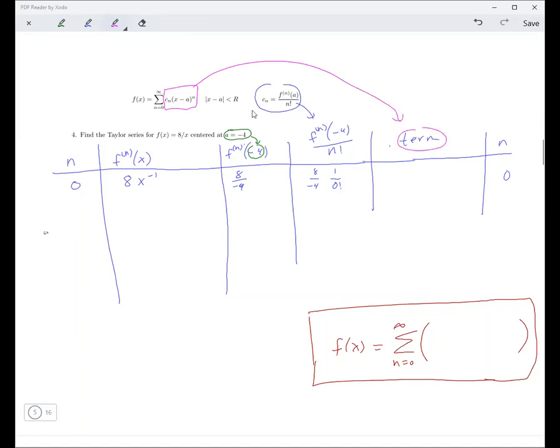Whereas the previous one is just c sub n, just the coefficient on the front of the term. So you just take whatever this is and add x minus a, so a is -4, so x minus a would be x plus 4.